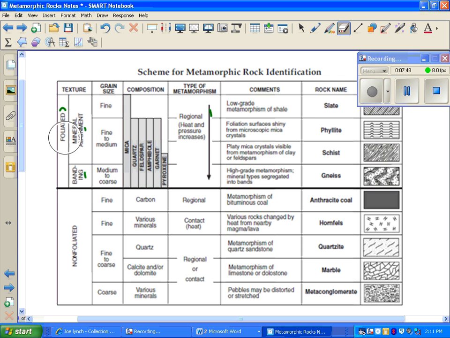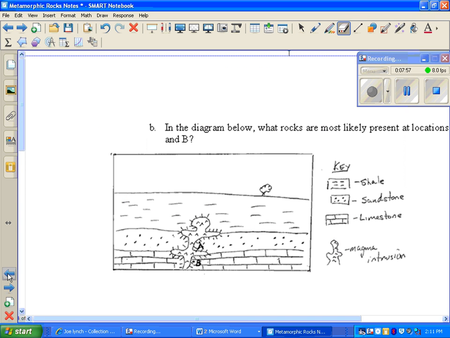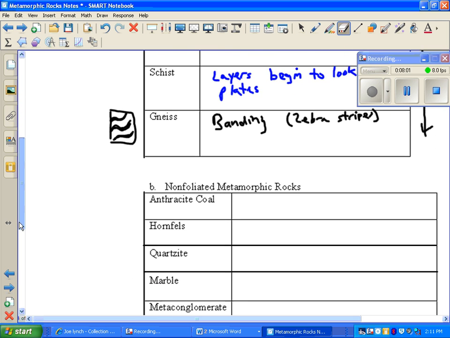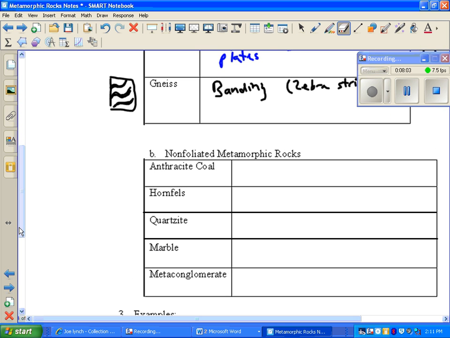Now going back. Okay. If they're not foliated, they're going to kind of look like the rock that they came from. So anthracite coal is just metamorphism of coal.